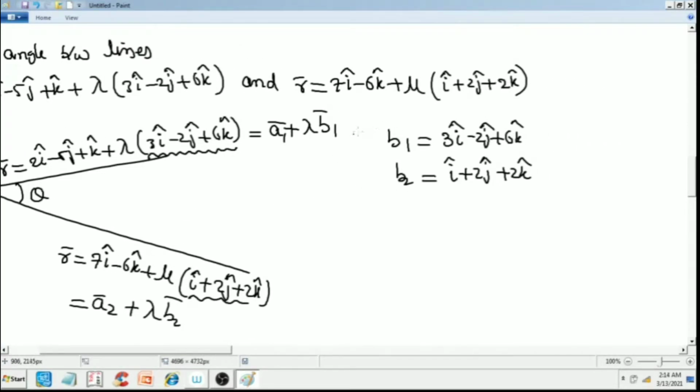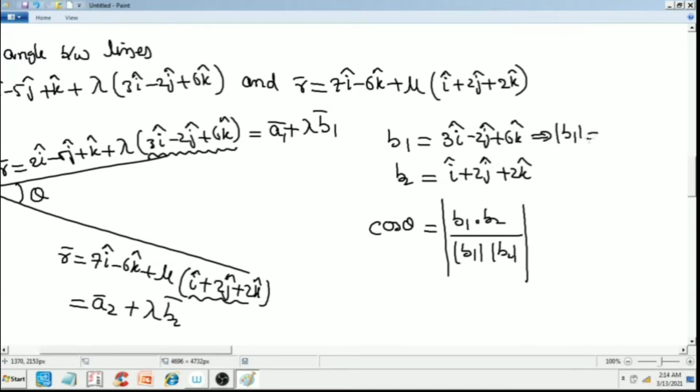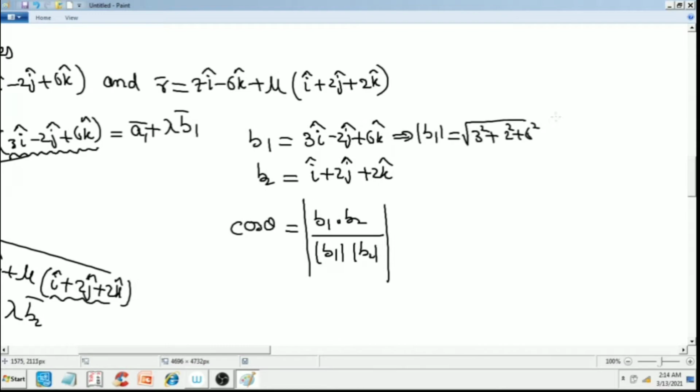Now we have b1 and b2. The angle between them is cos theta equals b1 dot b2 by b1 magnitude into b2 magnitude, and the answer should be positive. That's the reason I'm putting a modulus. Here b1 modulus is root over 3 square plus 2 square plus 6 square, which is root over 9 plus 4 plus 36, root 49, so b1 modulus is 7.